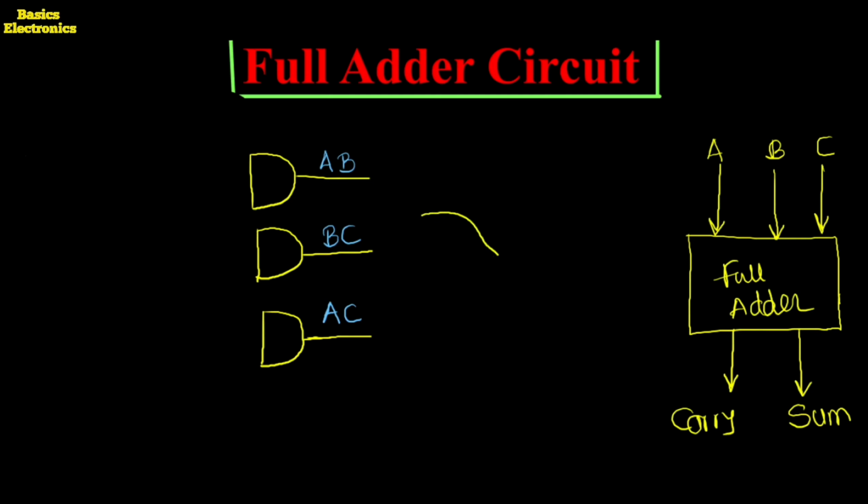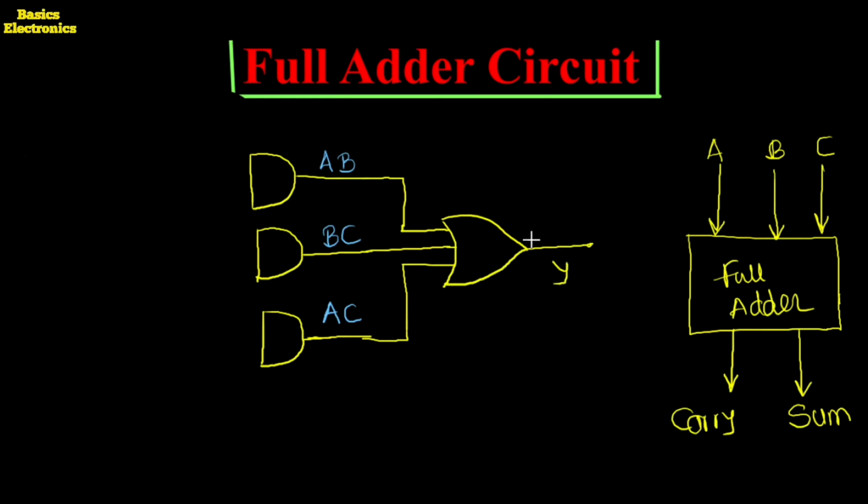So here I am going to draw one OR gate. This OR gate has three inputs, taken from the outputs of the AND gates: the first input AB, the second input BC, and the third input AC. Its output is Y, and that Y is the carry.